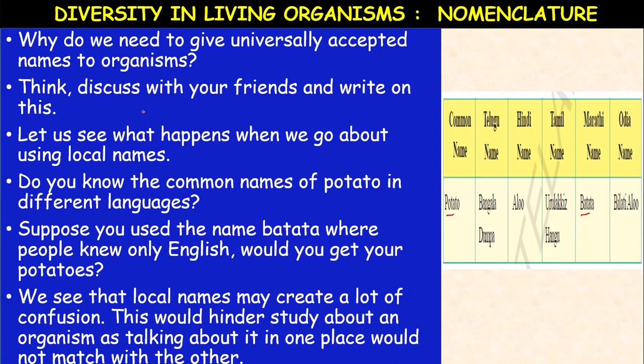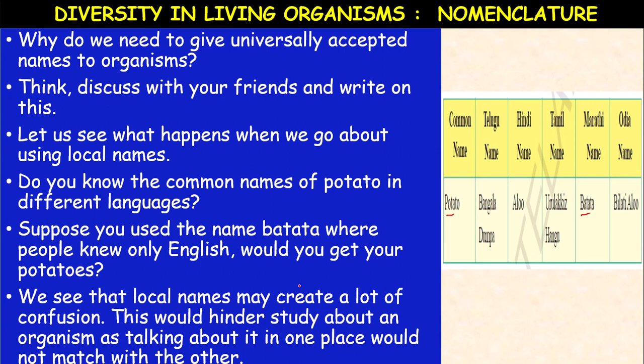So think. Let us see what happens when we go about using local names. It creates confusion. Do you know the common names of potato in the different languages? Just now we have seen. Now, suppose you used the name batata where the people knew only English. Would you get your potatoes? No. Nobody would identify it.